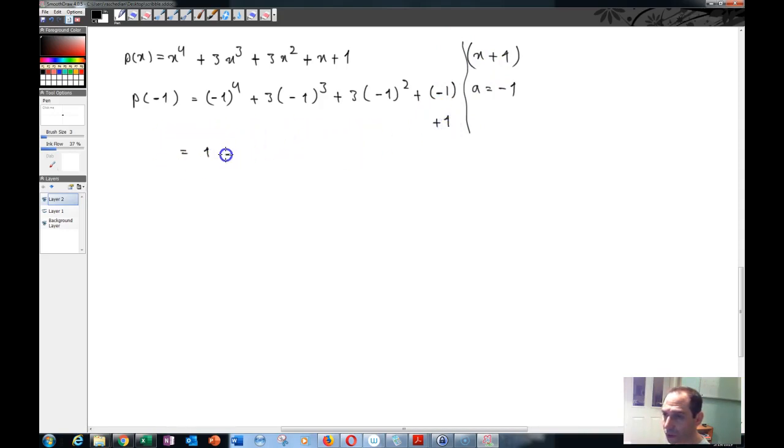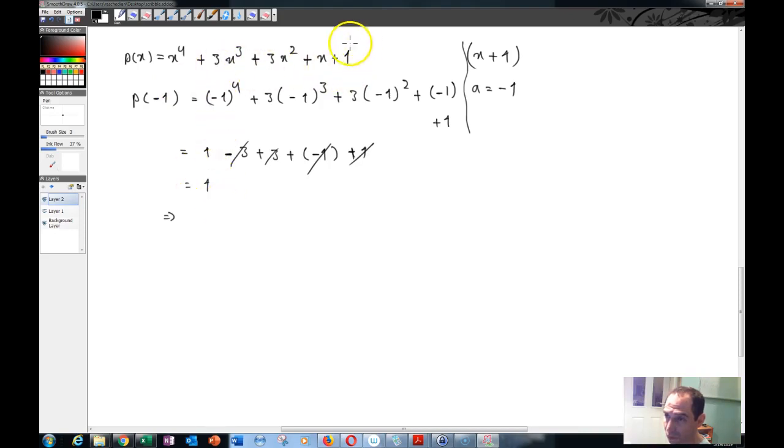That's equal to 1 minus 3, since negative 1 whole cube is negative 1, times 3 is equal to negative 3. Negative 1 squared is equal to positive 1, that's positive 3, plus negative 1 plus 1, and these two will cancel out, and the answer is 1. So the remainder, basically p of negative 1, is equal to 1.